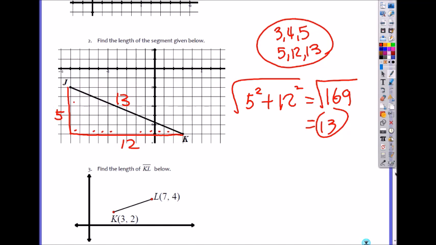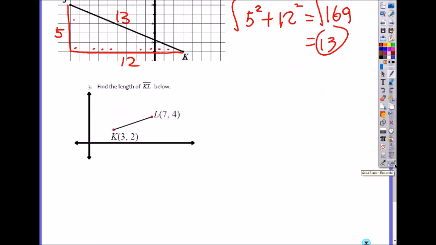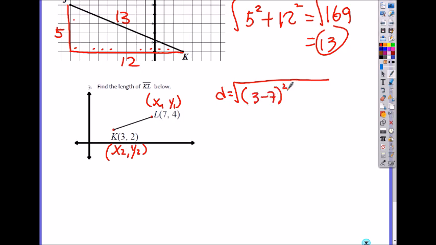What about the third one? This one, there is a graph, but this time let's practice using the distance formula. Okay? So here's x1, y1, x2, y2. Again, it doesn't matter which one you call point 1 and point 2. So distance is square root of x2, 3 minus 7 squared plus y2 minus y1, 2 minus 4 squared.